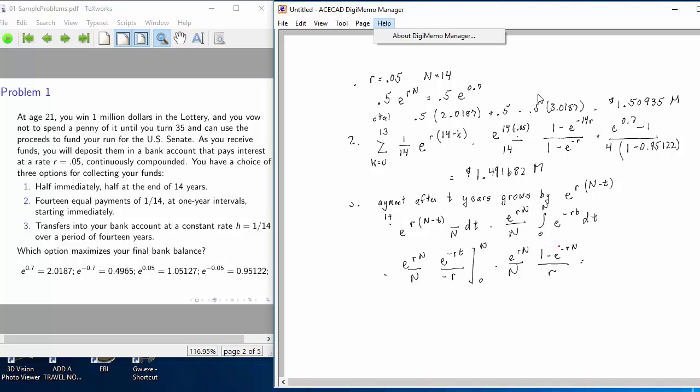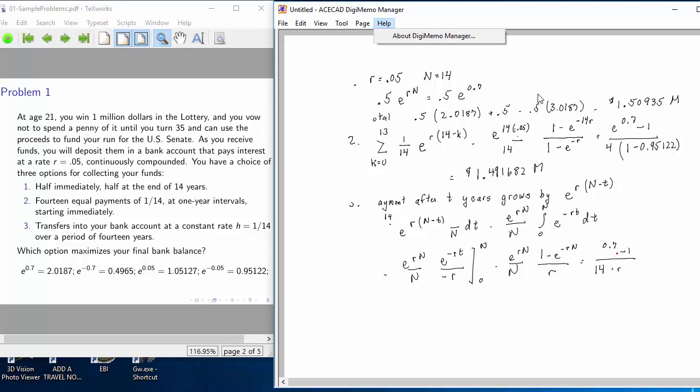Again, multiplying out the numerator, I get e to the rn, which is e to the 0.7, minus 1. And this time I am dividing not by 14 times (1 minus e to the minus r), but by 14 times r.